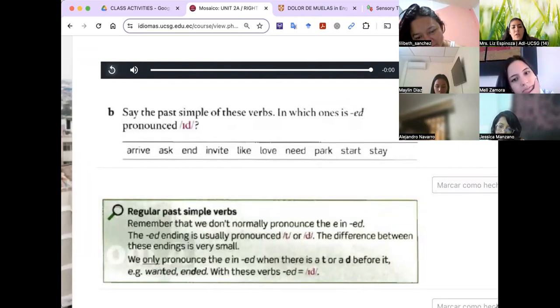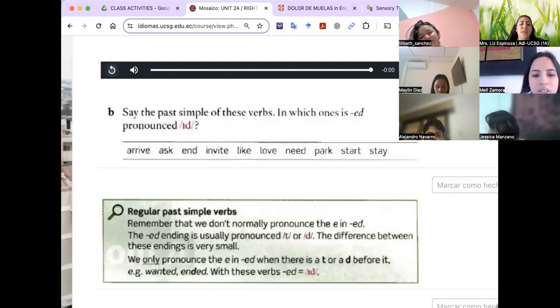Okay, so as you notice, there are some words that, as I mentioned with Kate before, but then there are others where you actually pronounce the ed or not. It says, remember that we don't normally pronounce the E in ed.